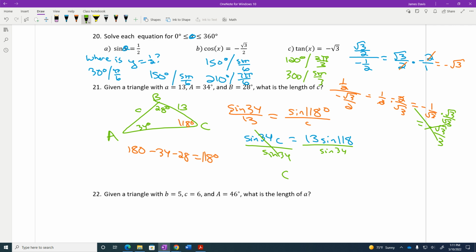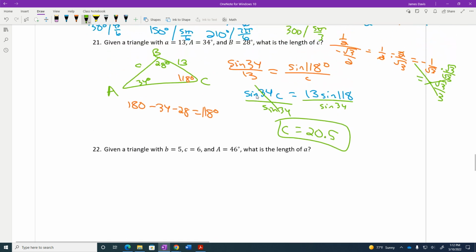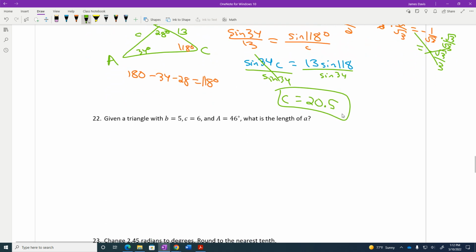Doesn't tell us what to round to, so it's 20.5. Usually makes sense. So A was 34 and it was 13, so this should be significantly bigger, and it is, 118 opposite of 20. That makes sense. Biggest angle opposite the biggest side. I've got one more of these, so go ahead and draw that.